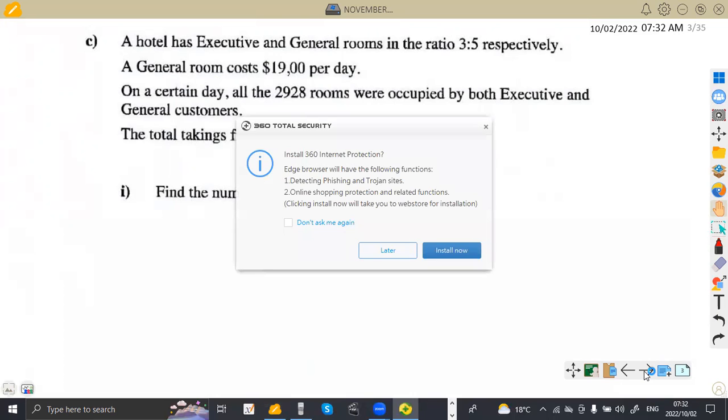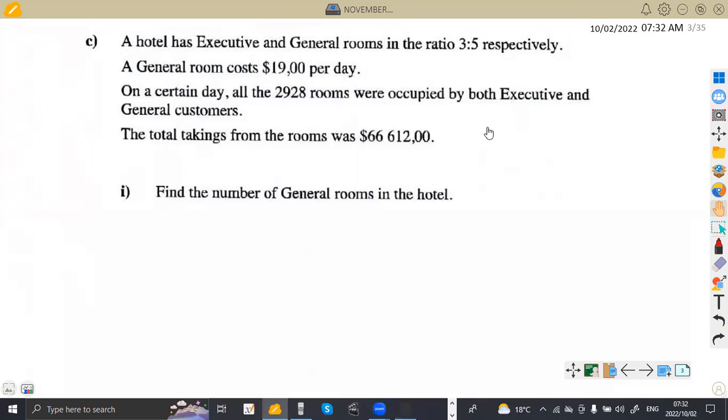Okay, so here, sorry guys, we are given that everything was actually up to 2,928. This is the total, but remember, we are given that there's a ratio that we have here of 3:5. The ratio shows the executive to the general. Okay, so here we are given the total of the numbers.